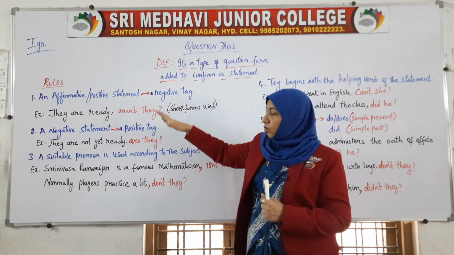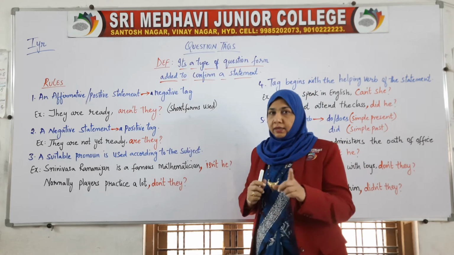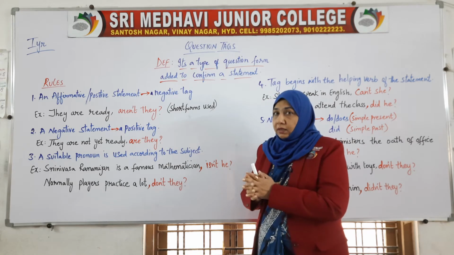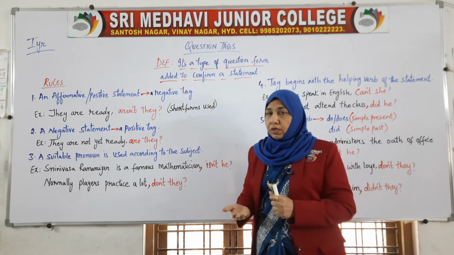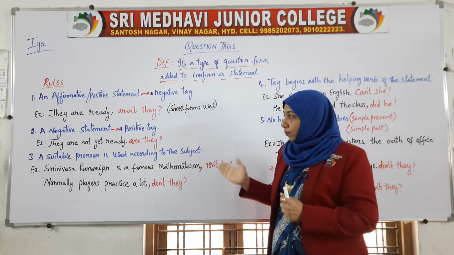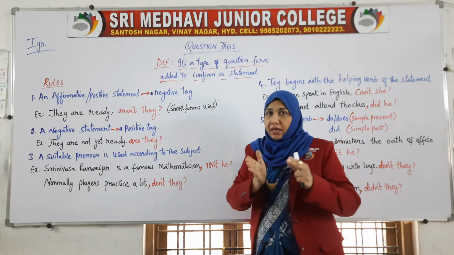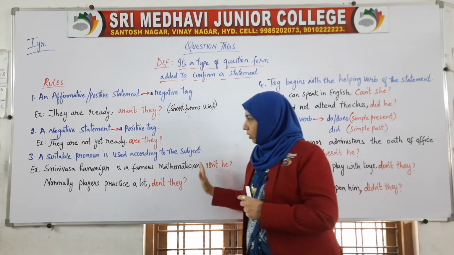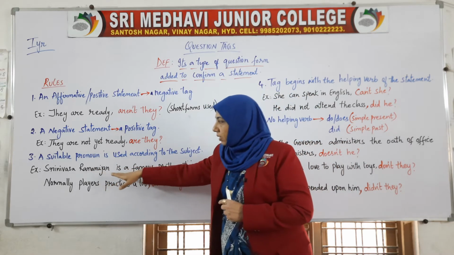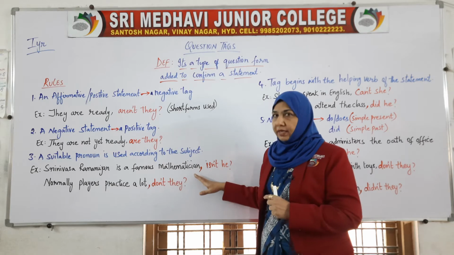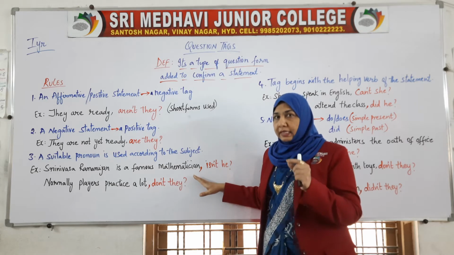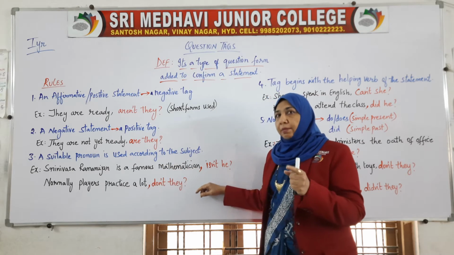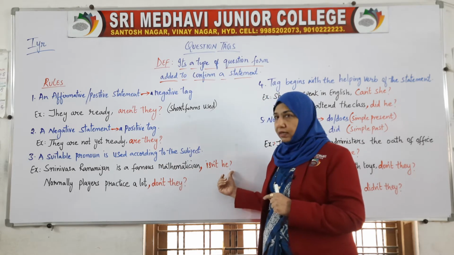In these two sentences we find "they" in both. That means there is a subject there, and we can get it. But if they are not using any subject, or the subject is male or female, we have to check it and add the question tag accordingly. First: "Srinivasa Ramanujan is a famous mathematician, isn't he?"